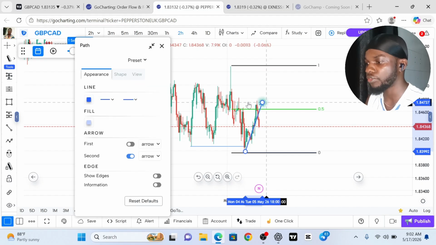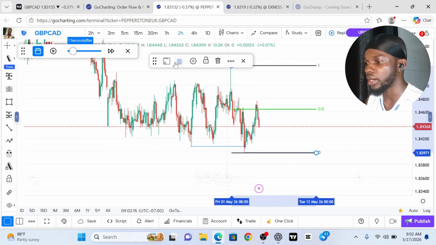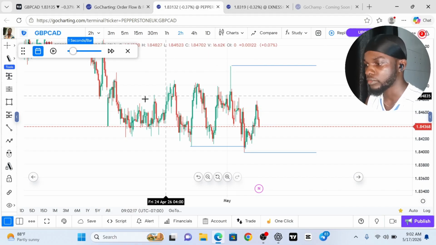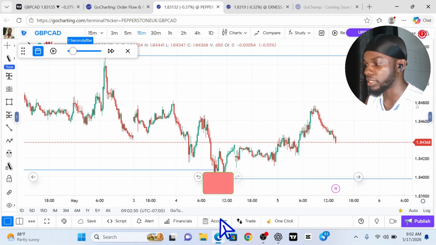Now let's head over to the internal to mark out our internal and look for entry there. So right here, I switch over to my 15 minutes time frame. So this is my 15 minutes time frame right here.